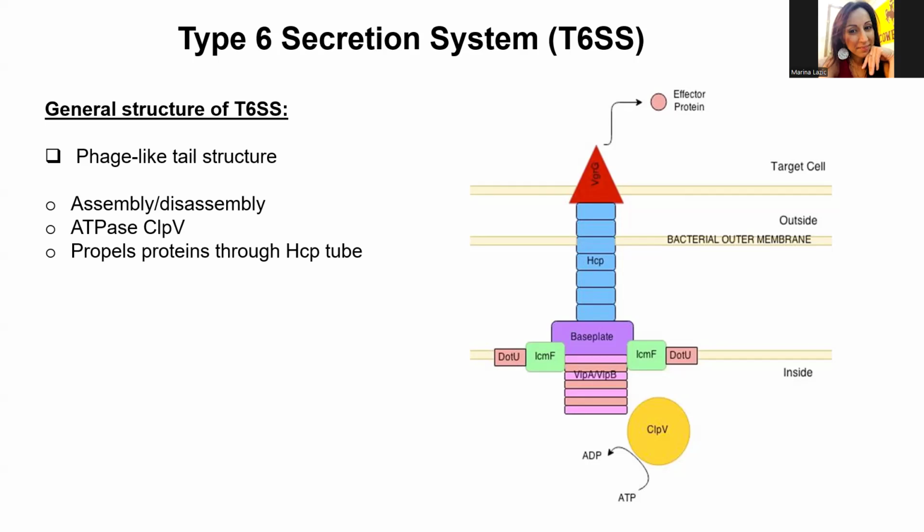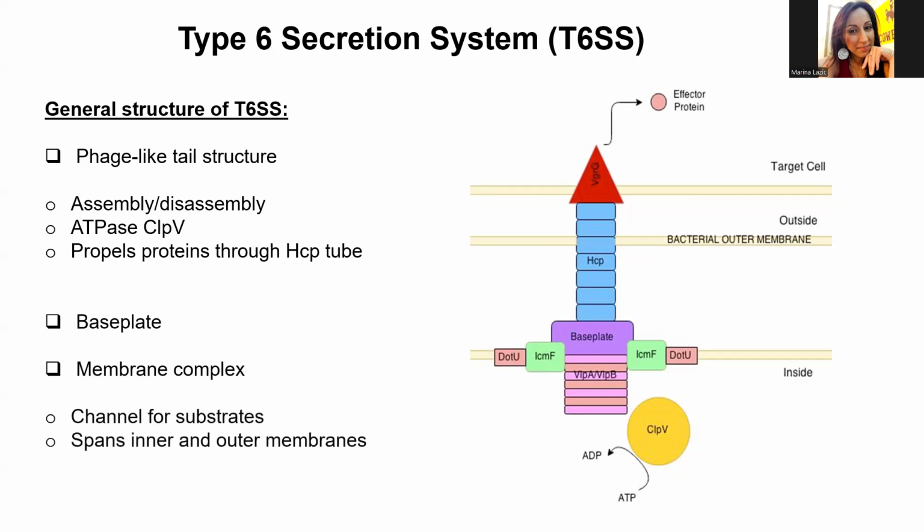This one is more like a phage. So this tail structure is something that resembles a phage, and you can imagine an ATPase and the tube, and base plate and the membrane complex. And through that structure, effector proteins will be delivered.